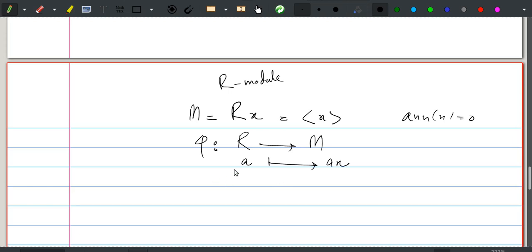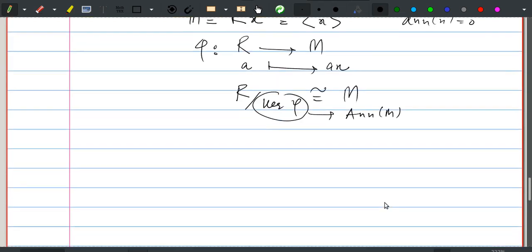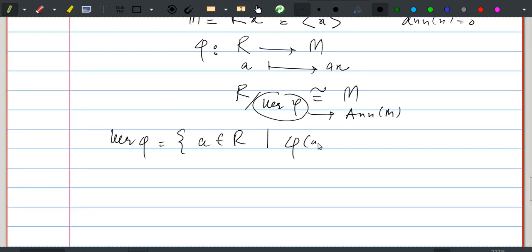Now if the annihilator of this x is 0, then the kernel of this homomorphism is just the trivial ideal, that is 0. So in that case, as we have seen earlier, R mod kernel of phi is isomorphic to M. Now the kernel of phi, it is actually the annihilator of M, because if we look at this kernel of phi, it contains all those elements of R such that phi of a goes to the identity here, that is 0.